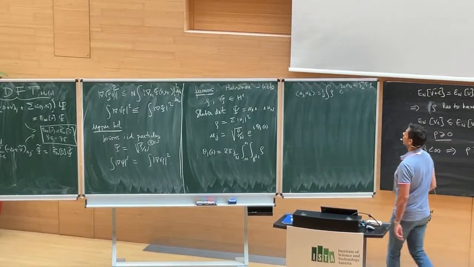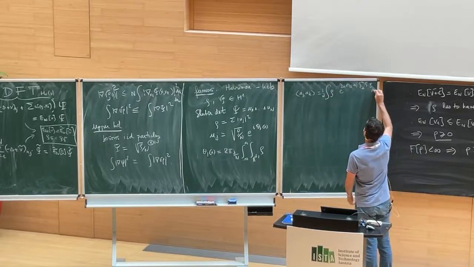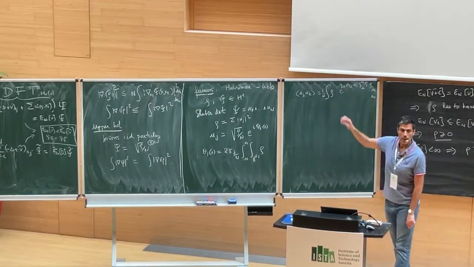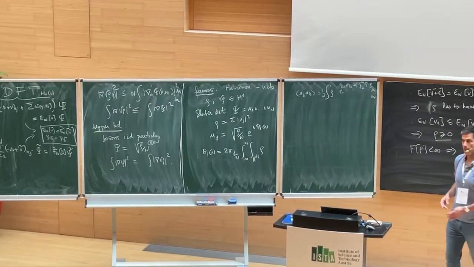And so the trick is just, with dx2 up to dxn and dx1, you see up there it only depends on x1. And so you can integrate over x2 and so on.